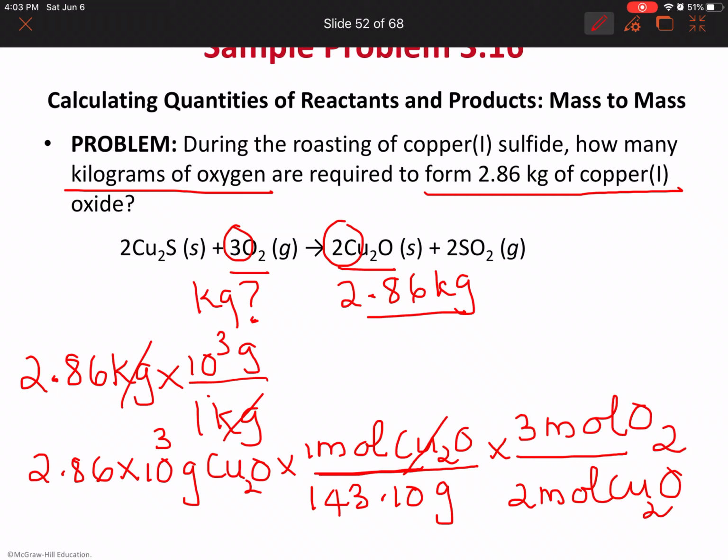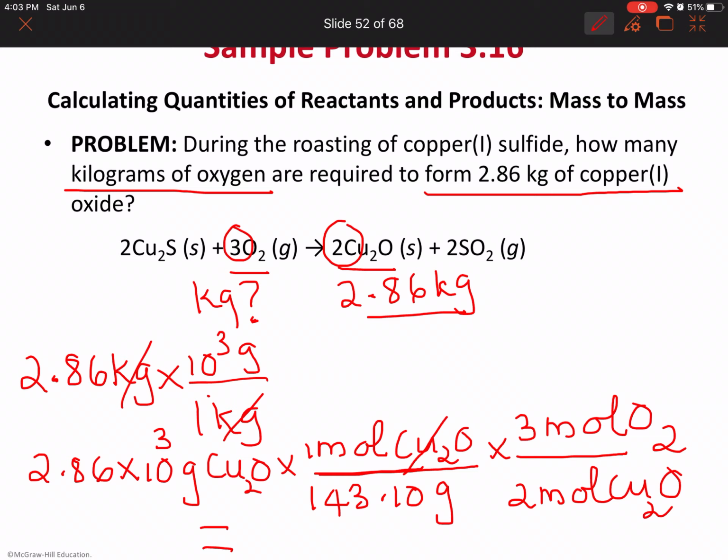We can continue further, or if you want you can stop and find out the number of moles. Since I'm running out of space here, I'll go ahead and calculate the amount. So 2.86 times 3 over 143.10 will give us the number of moles of oxygen.